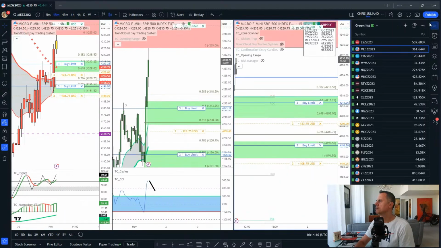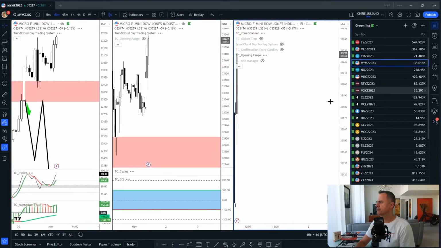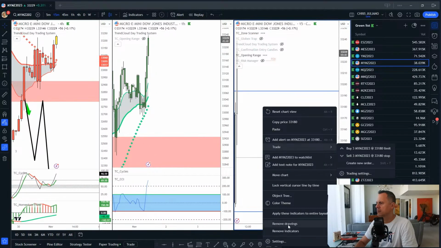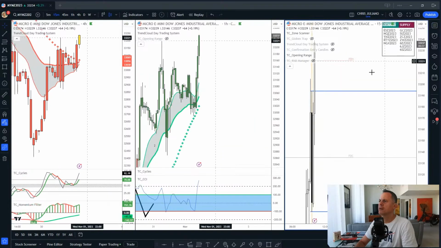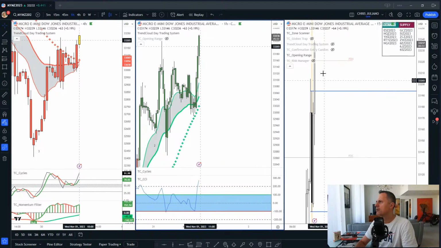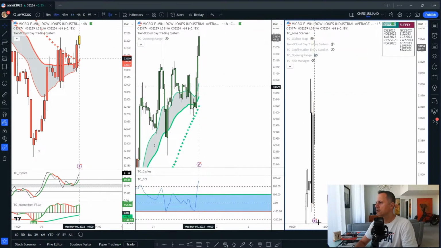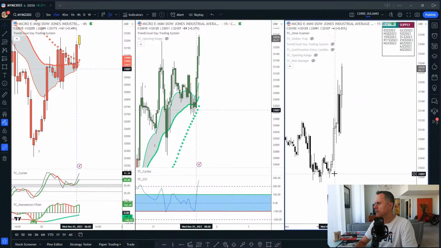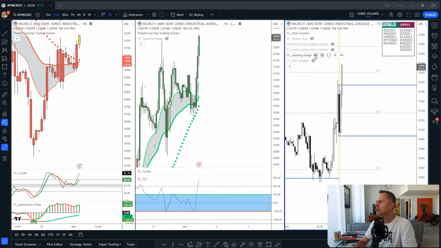The Dow. Go over to the micro Dow. Let's remove everything here. Recalculate our chart. And now we can put on our opening range.